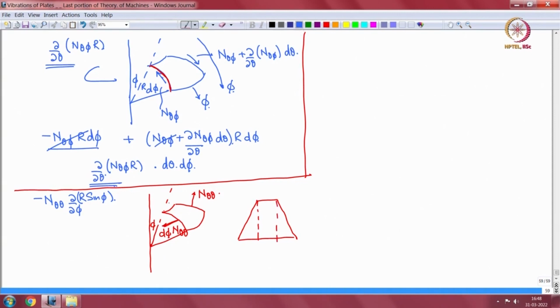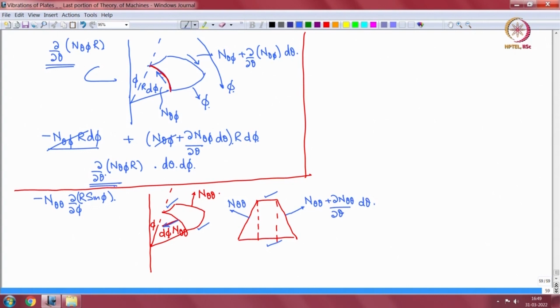So this edge is this edge, and n theta theta is coming out like this. On the left side it is n theta theta, on the right it is n theta theta plus del n theta theta by del theta d theta.